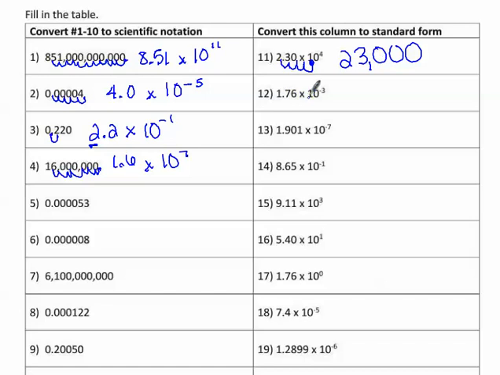Number 12, you have a negative exponent, so you want to move the decimal to the left 3 places in order to make a decimal. 1, 2, 3. Don't forget to put your 0 in front of the decimal as well. Fill in any of the empty spaces with a 0.